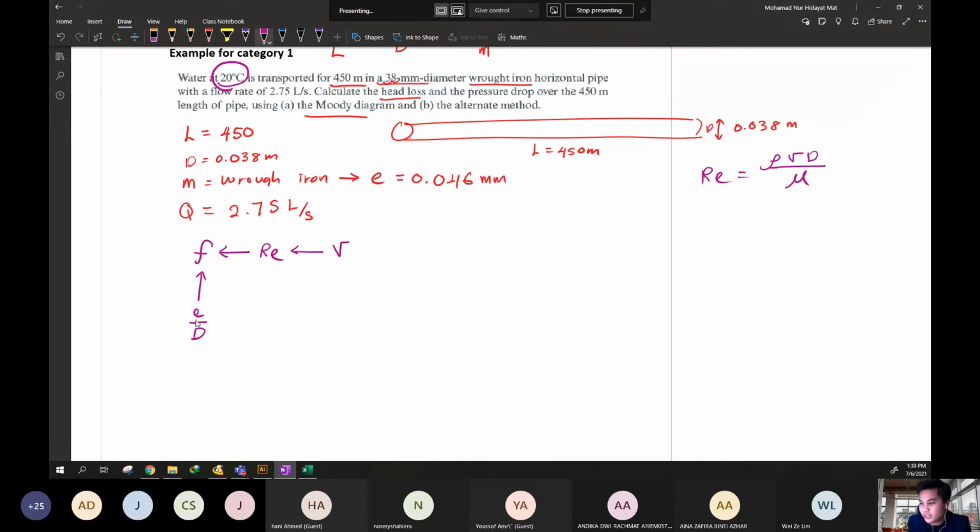In order to get e over D, you must have the material, which is rough iron. It is given. The e here is 0.046 millimeter.